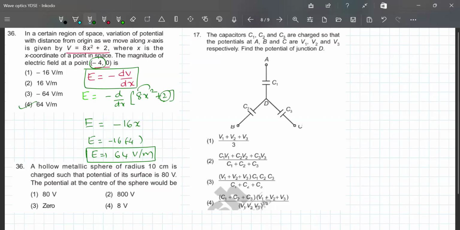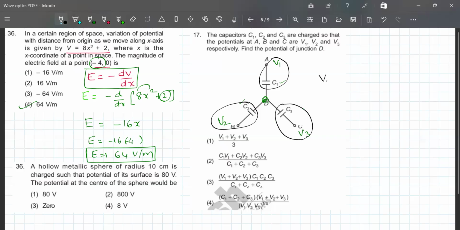Now, see the next problem. This is one capacitor C1, this is one capacitor C2, and this is C3. So here we can take this is V1, and this is V2, and this is V3. Now they ask what is the potential at this point. A simple thing, multiply these two, multiply these two, multiply these two.